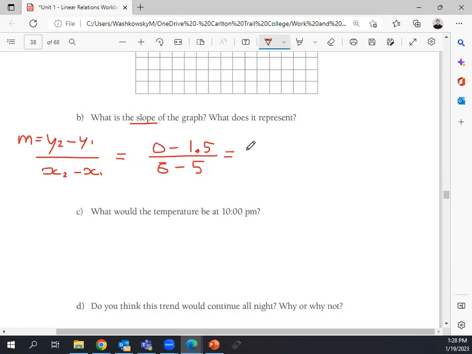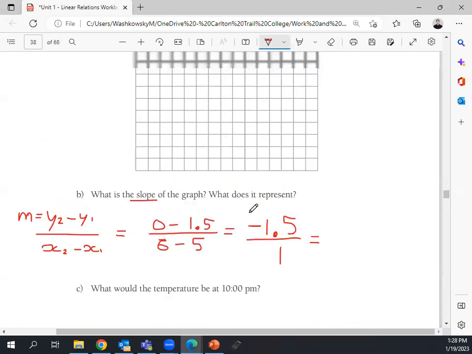But you should end up with a slope of negative 1.5 on the top and then just a positive 1 on the bottom, which is the same thing as, hey, your slope is just negative 1.5 over 1. So what this really means is that the temperature goes down 1.5 degrees for every hour.